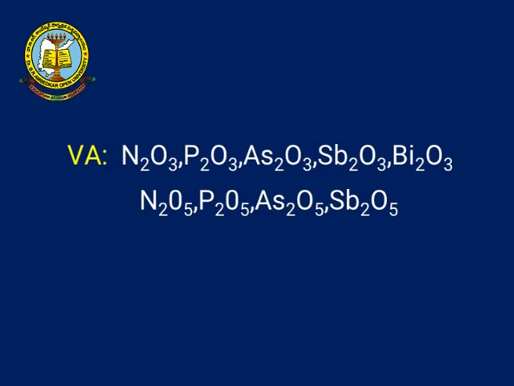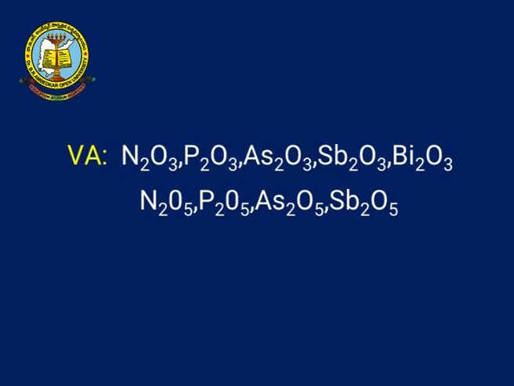And go to the 5th group elements, the nitrogen family: nitrogen, phosphorus, arsenic, antimony. These elements when reacted with oxygen give majorly 2 types of oxides, trioxide and pentoxide. The formula is M2O3 and another formula is M2O5.